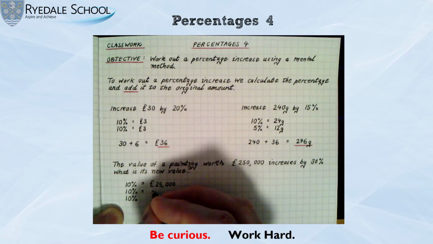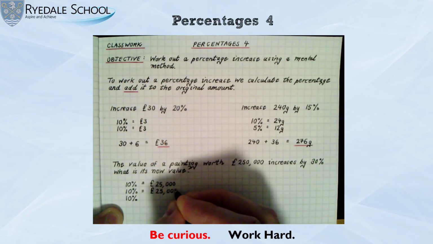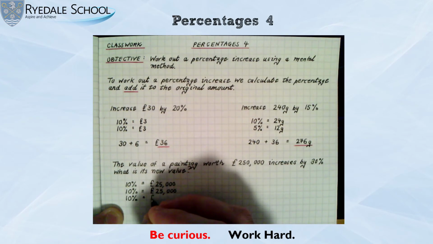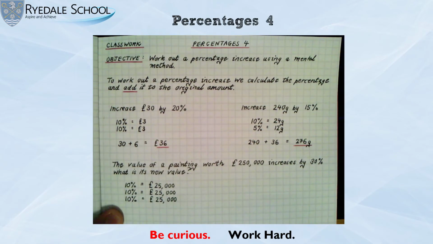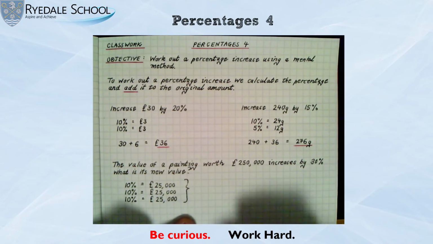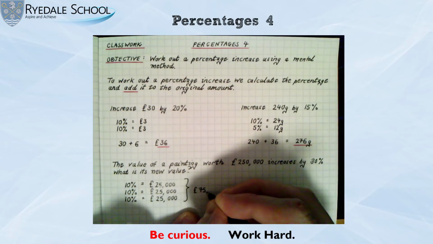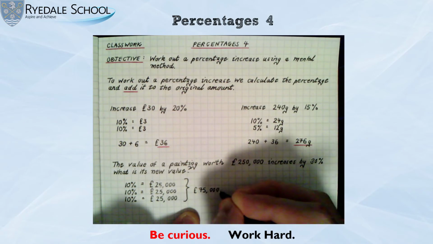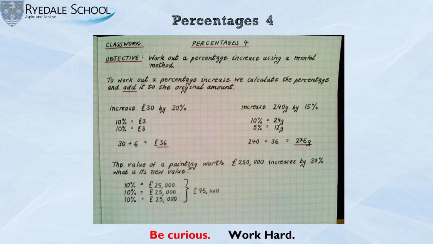So each 10% is worth 25,000. Which means altogether this 30%, and I will do a bit of extra working out this time, is £75,000. So that is what 30% is worth.